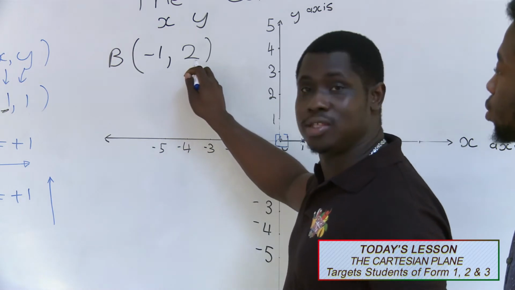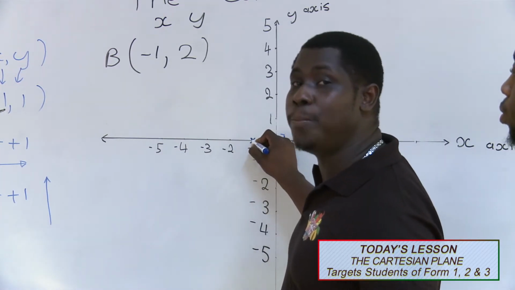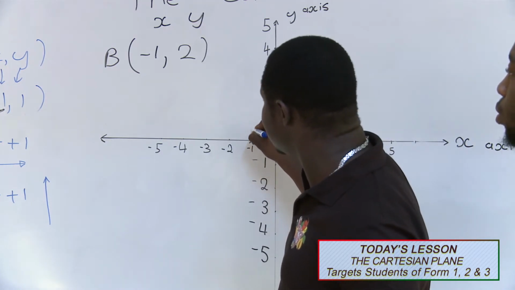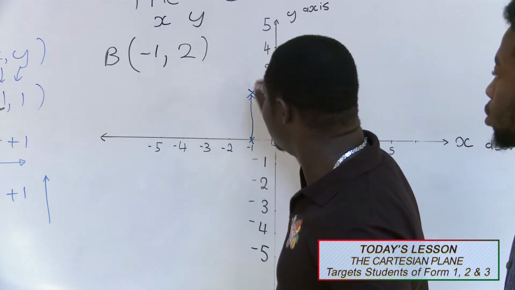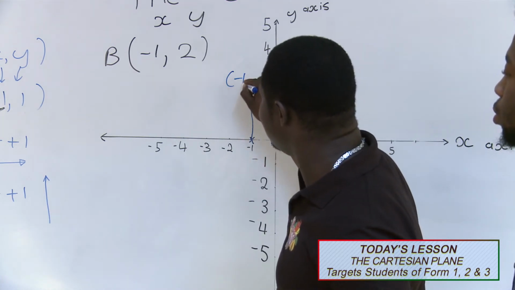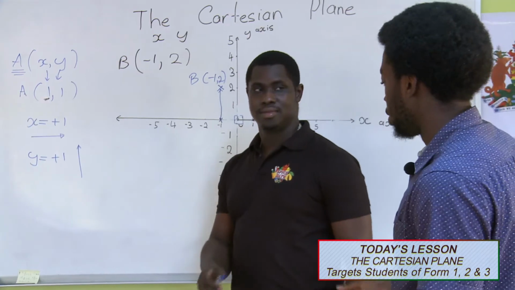And then the y coordinate 2, +2, means that I'm going to go 2 units upward parallel to the y-axis, which is going to get me exactly at this point here, which has coordinates -1, 2. And the point is called B. Thank you very much, Mr.